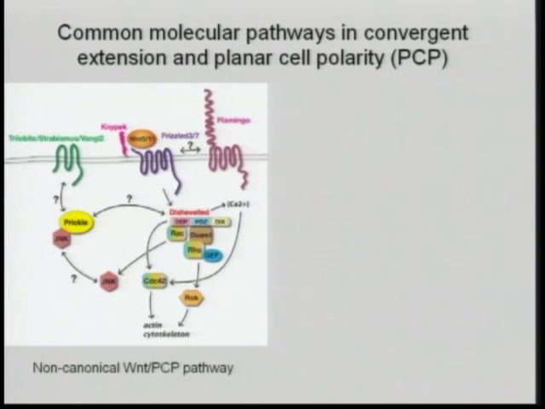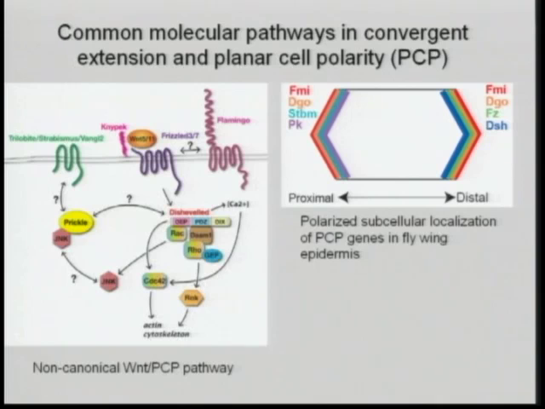You have the non-canonical Wnt ligands like Wnt5 and Wnt11 signaling through the receptor and converging on the Dishevelled protein. Dishevelled then interacts with several protein molecules. People refer to them as PCP proteins, like Prickle, Strabismus, etc. What these PCP proteins do, somehow affecting the cytoskeleton, is produce this polarized cell behavior or a polarized structure.